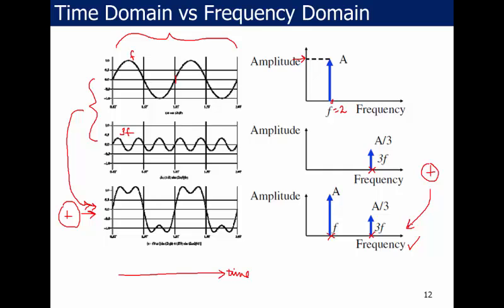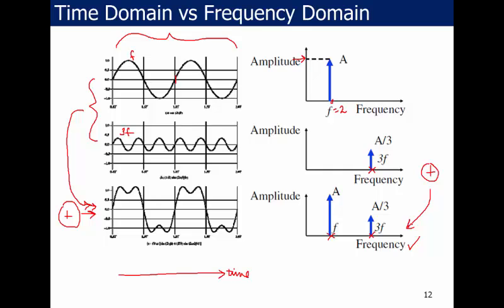This combined signal in frequency domain can tell us very clearly, which we cannot see in the time domain, that it is a combination of two different frequencies. Right? Two different frequencies, one F, the other 3F. So, for some analysis, we may need to use frequency domain analysis.